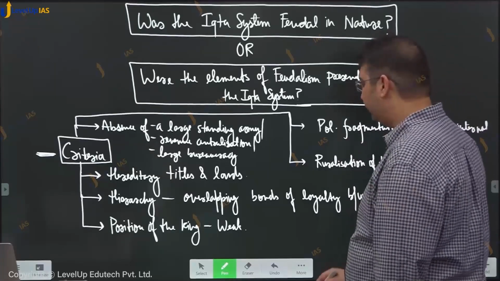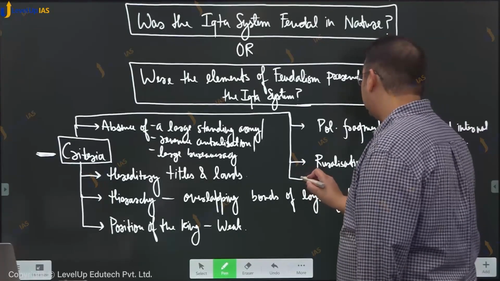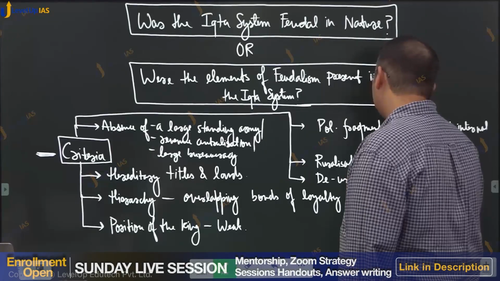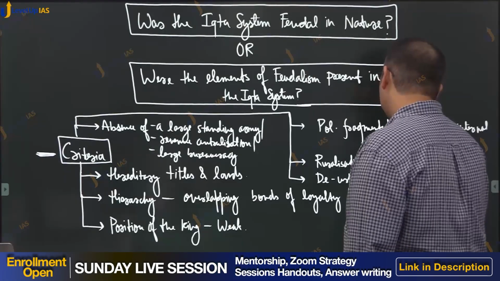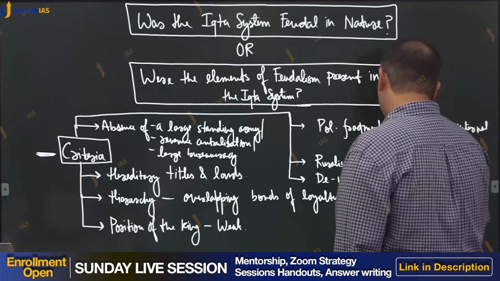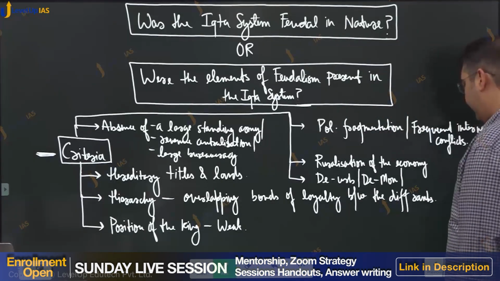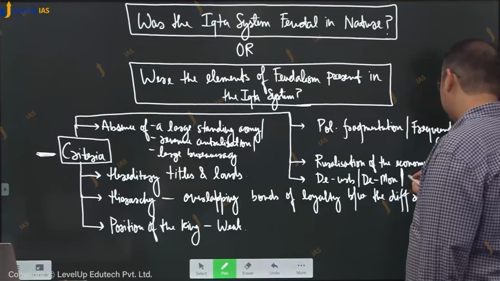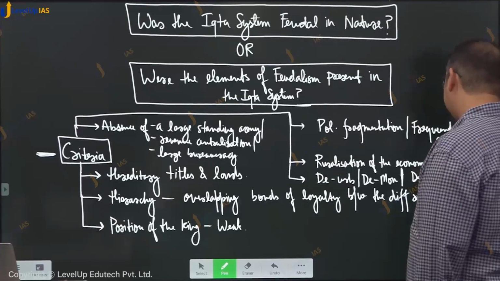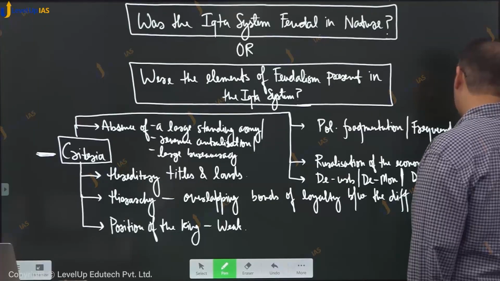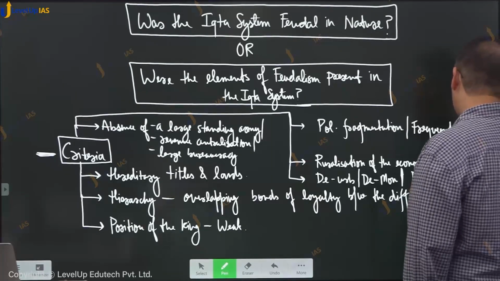Ruralization of the economy with deurbanization, demonetization, and the decline of trade.